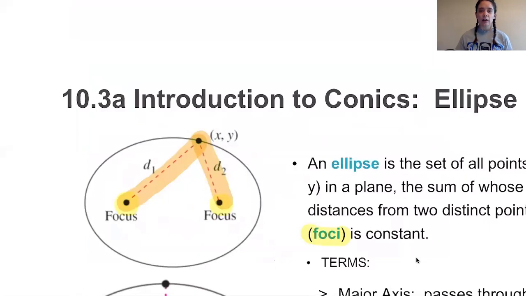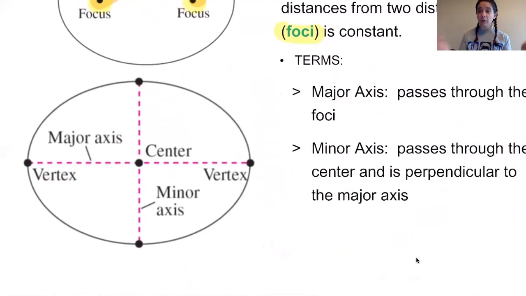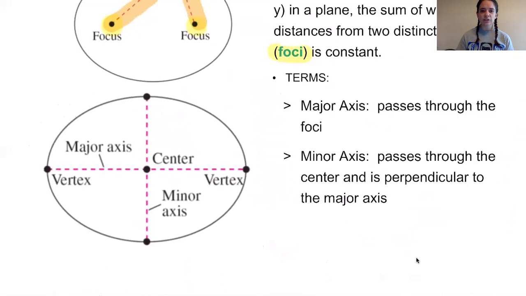Okay. Now, there's a lot that goes into an ellipse and there's a lot of symmetry that happens. We have a center, much like we do in a circle, and there's both vertical and horizontal symmetry. Now, depending on how our ellipse is situated will depend on which one is major and which one is minor.